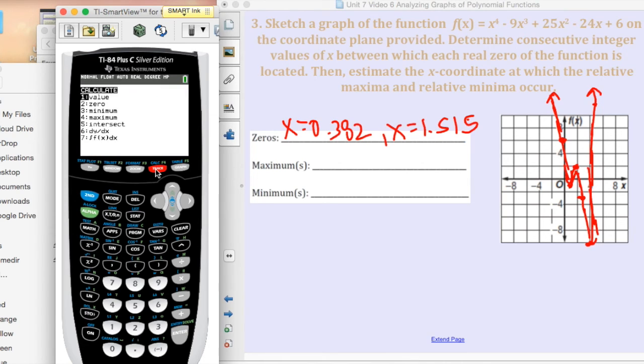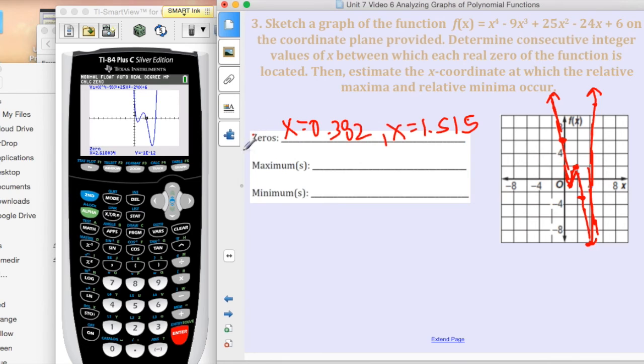So second calc. Hopefully by the end of this, you're pretty good at finding these on your calculator. Enter, going to the right. Enter and enter. And then we got x is equal to 2.618.